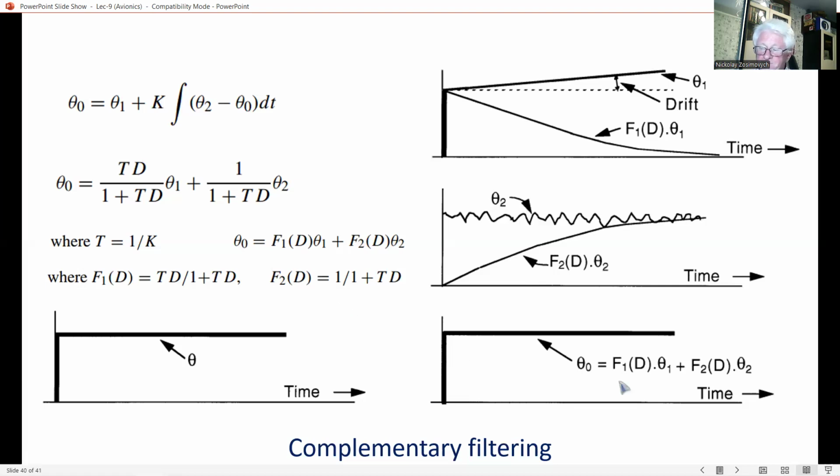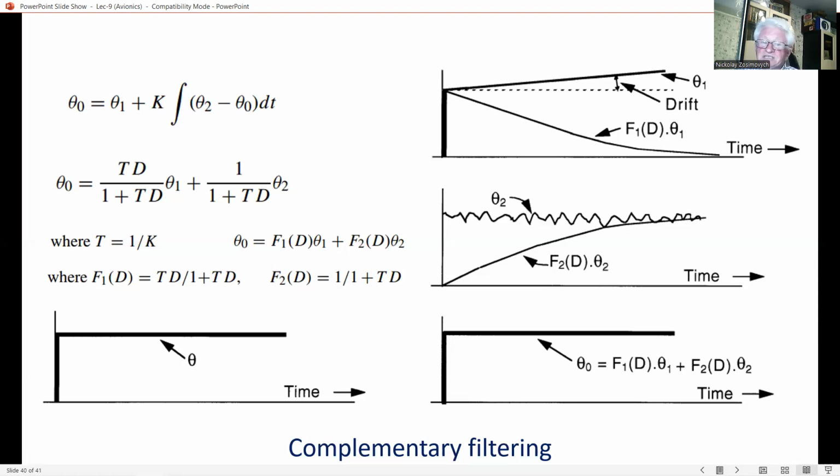The output theta naught thus reproduces the input theta from the sum of two complementary filtered outputs of theta 1 and theta 2, without lag and with a low noise content. A constant drift on theta 1 is DC blocked, but will produce a steady state offset of theta naught to back off this drift. To eliminate this offset requires a parallel integral term, leading to a second-order system.